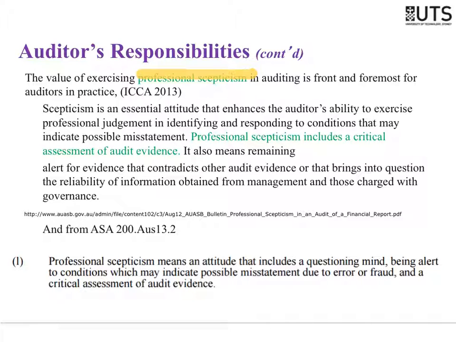Ladies and gentlemen, we don't assume that they're lying to us, but the fact that they can lie to us must be considered. That's professional skepticism. That's that questioning mind. You need to get support for everything they say. You need to get support for every single number that you are looking at, okay? And that's my way of explaining this, and there's more information that you can read about that. Have a critical eye. Remember, have a critical eye, okay?